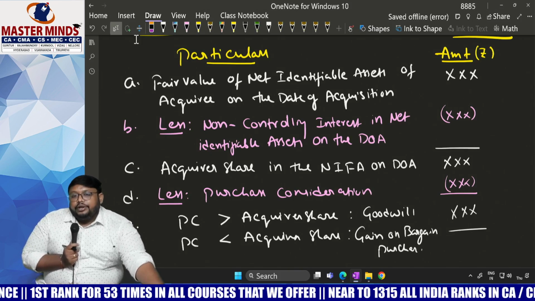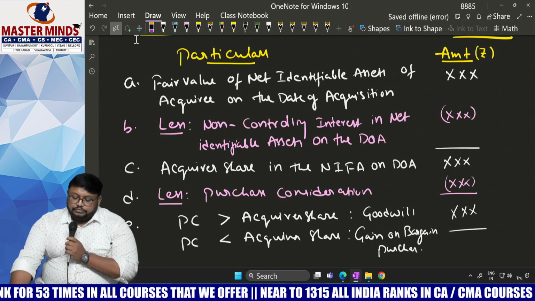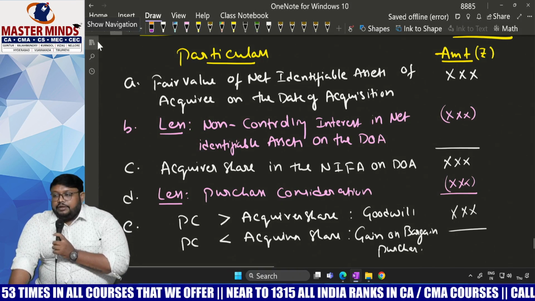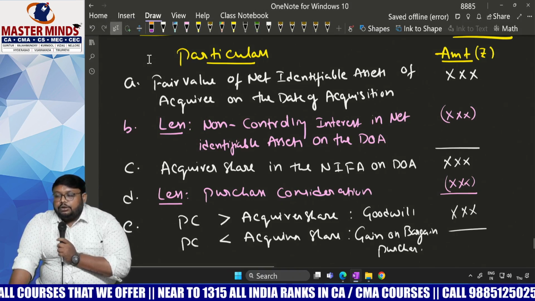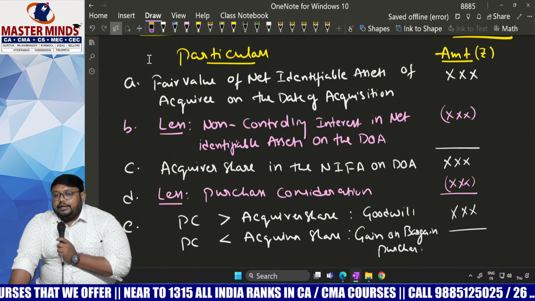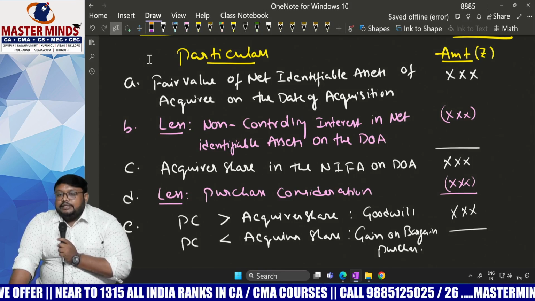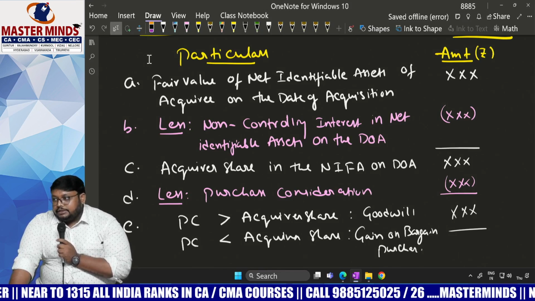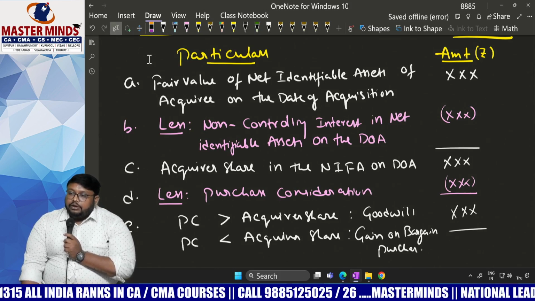Before going to CRD problems, one example question we will do first. Now we got the format. First of all, fair value of net identifiable assets of which company? Acquiring company, on which date? On the date of acquisition, less non-controlling interest in the net identifiable assets on date of acquisition.